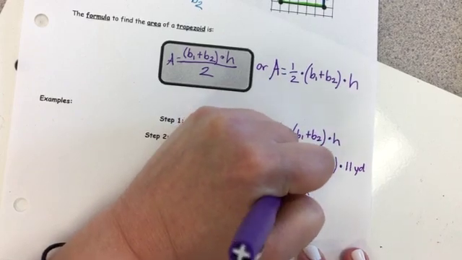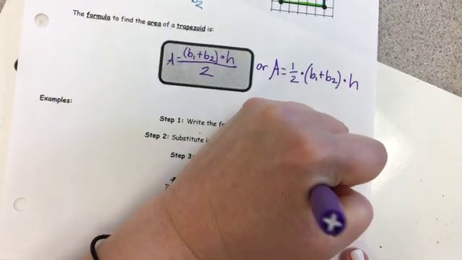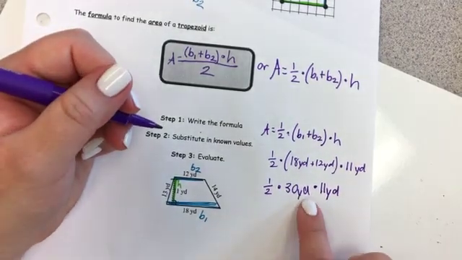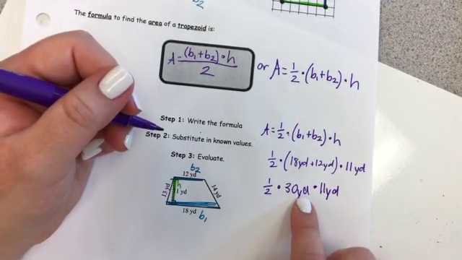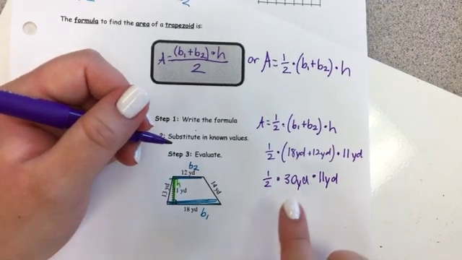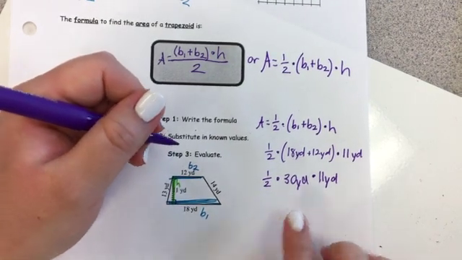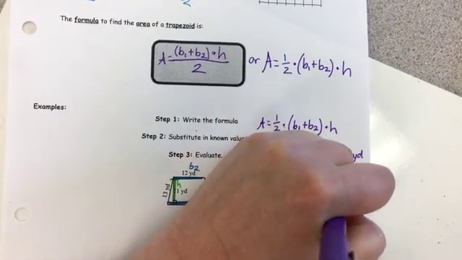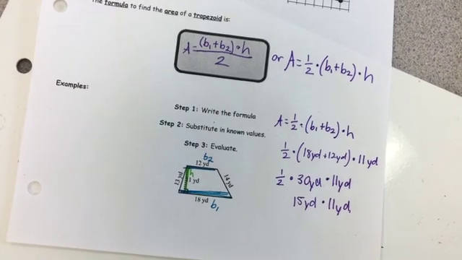And we've got 1/2 times that 30, and then times the height, which is 11 yards. So 1/2 times 30. Now 1/2 times a number is really just the same thing as taking that number and dividing it by 2. So 1/2 of 30 is just 15 yards times 11 yards.